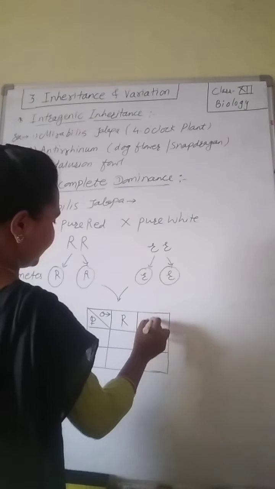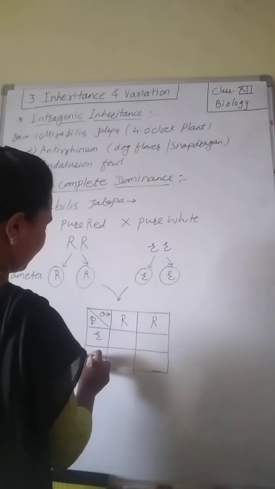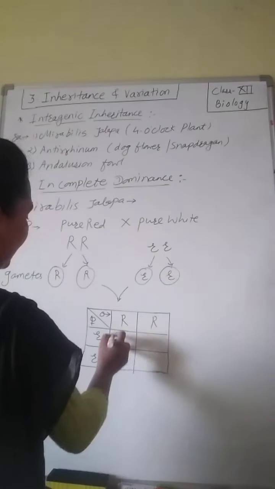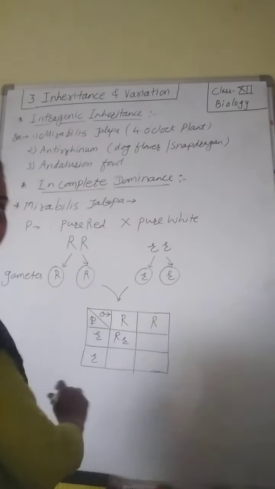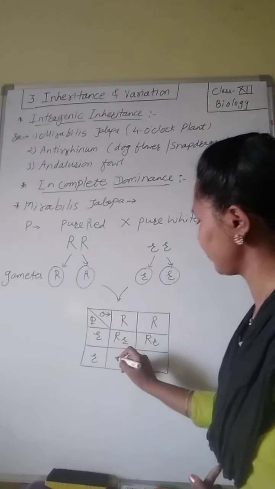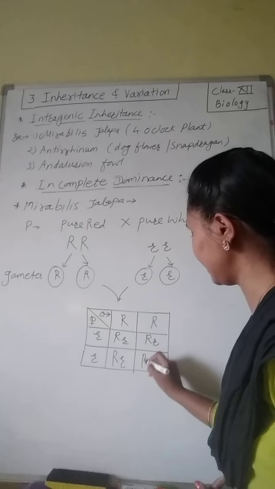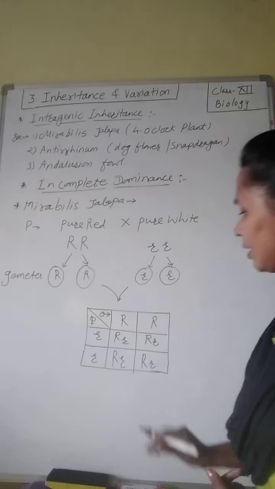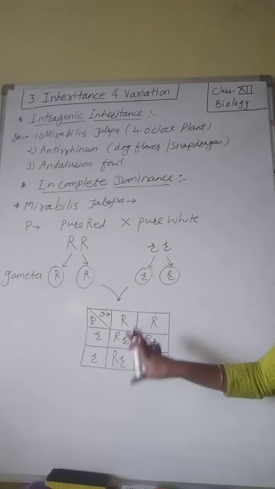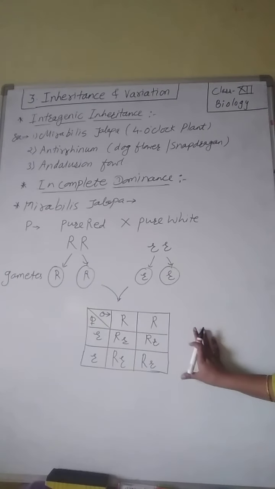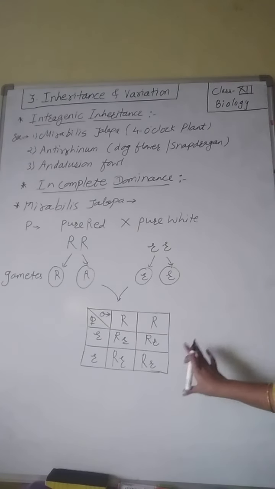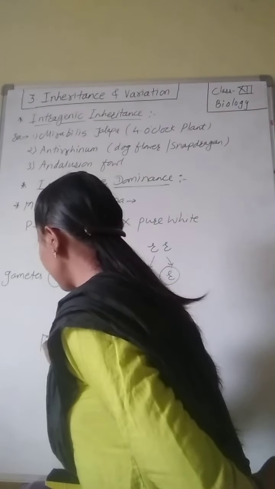We get capital R small r in every box: capital R from one side, small r from the other. So in the F1 generation, all are heterozygous.